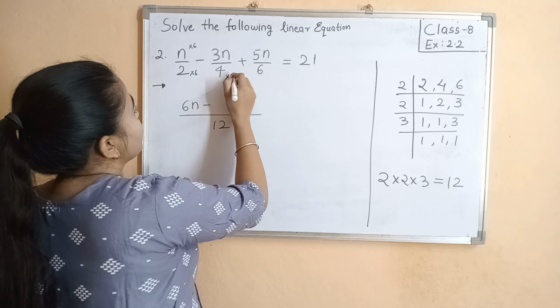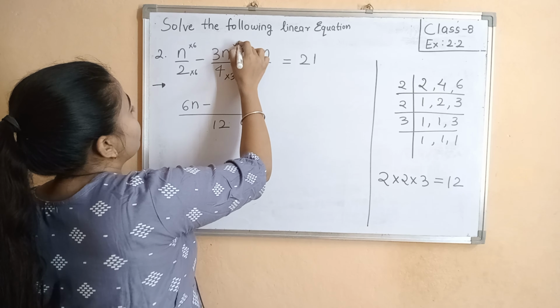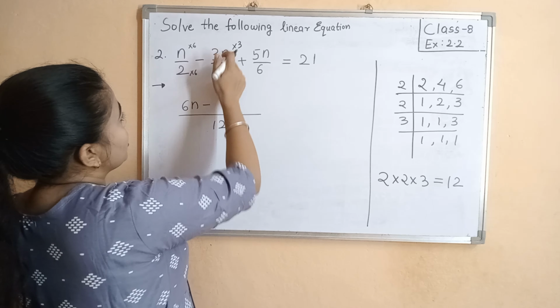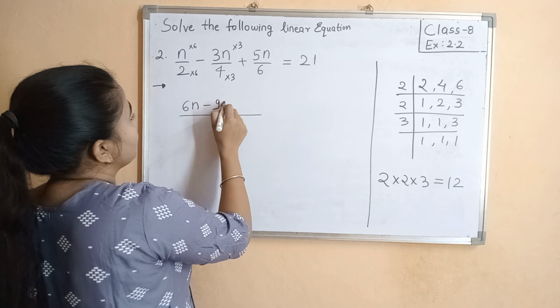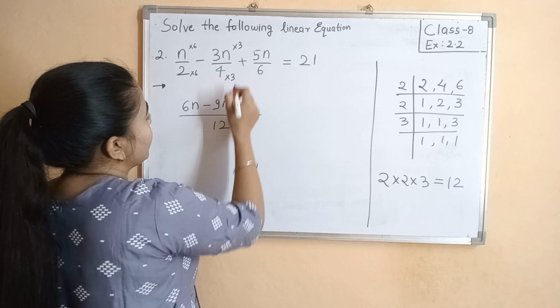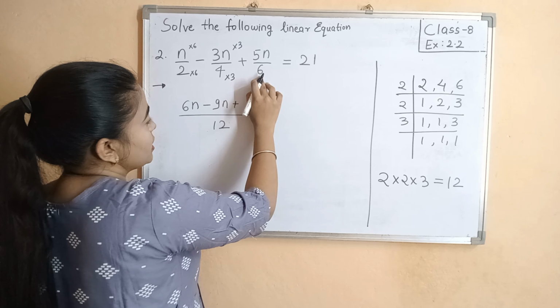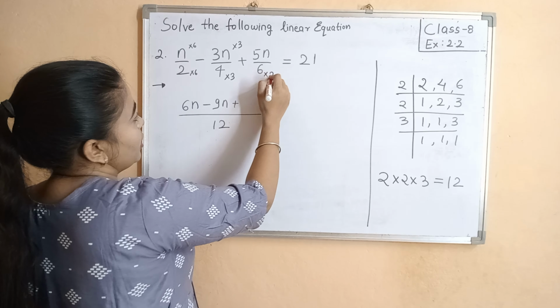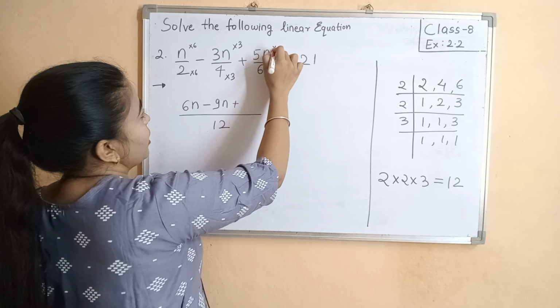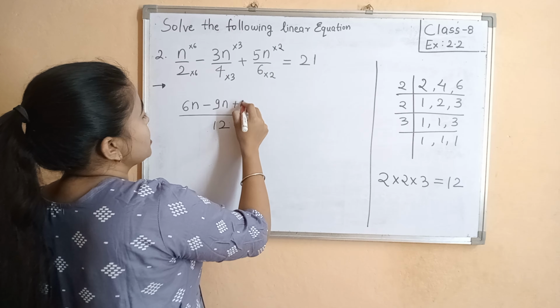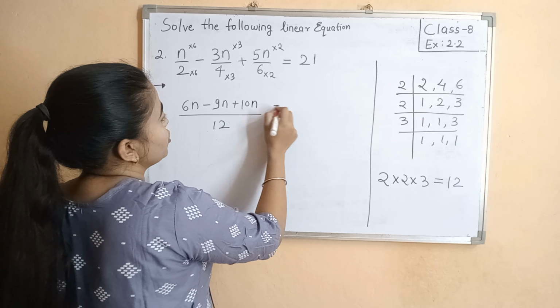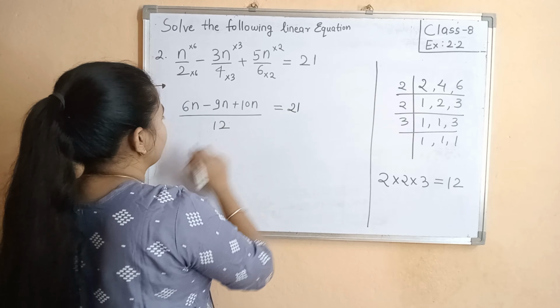So multiply by 3 in the denominator, multiply by 3 in the numerator. So it will come 9n here. Then plus, here 6 is there. So 6 twos are 12, multiply the denominator by 2, multiply the numerator by 2, plus 10n equals 21.